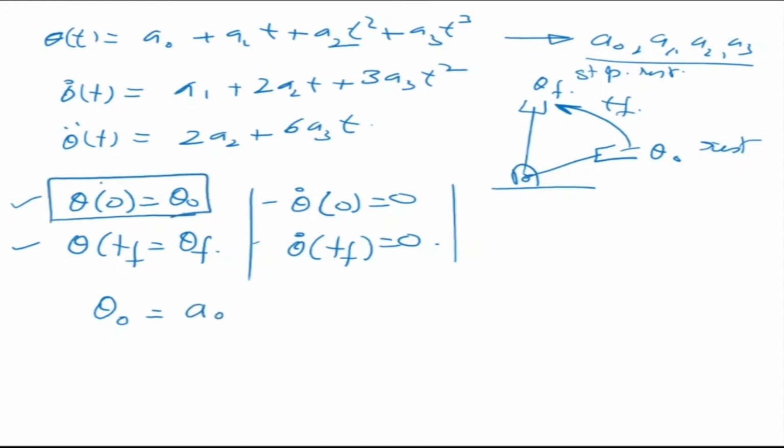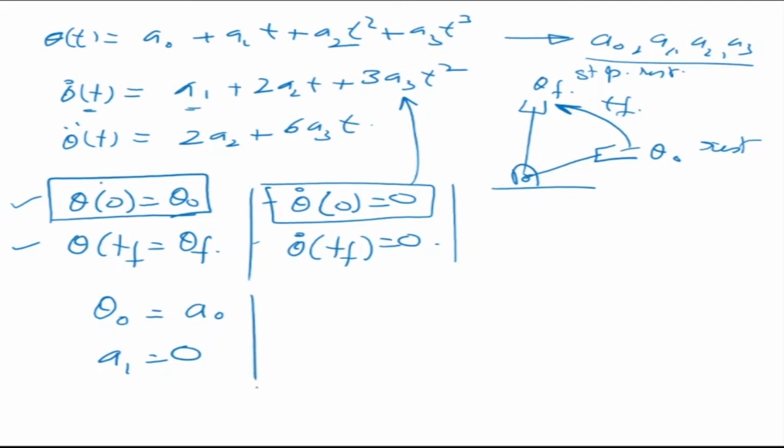So from here I get the first constant, a naught equal to theta naught. Then if I put the second one into the velocity equation, what will I get? At time equal to 0, velocity is equal to 0. So t is equal to 0, and velocity equal to 0 means a1 is equal to 0. So this constant a1 will become equal to 0. Okay, so I've got two of them straight.